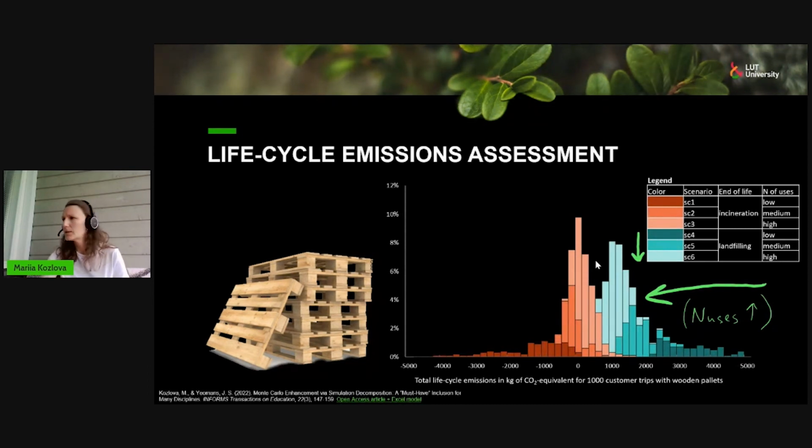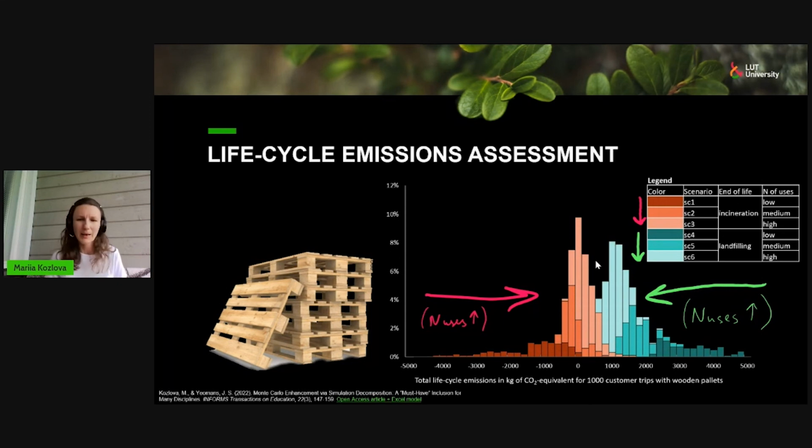Excellent. Then if we focus on the burning part instead, the reverse is true. The more we use the pallet, the more emissions we produce. That doesn't make any sense until we understand that with burning the pallets, negative emissions are produced because there is assumed to be a substitution of fossil fuels.